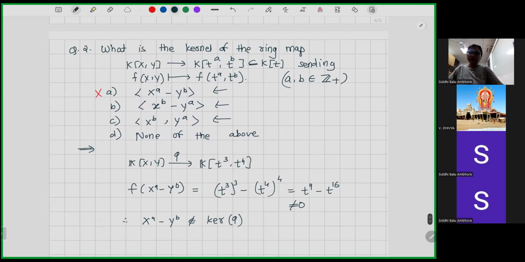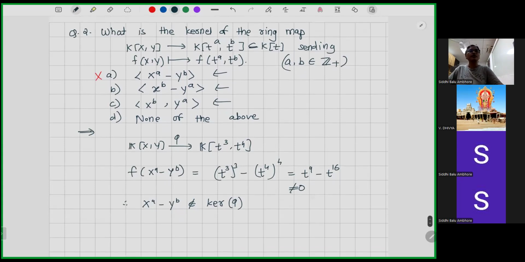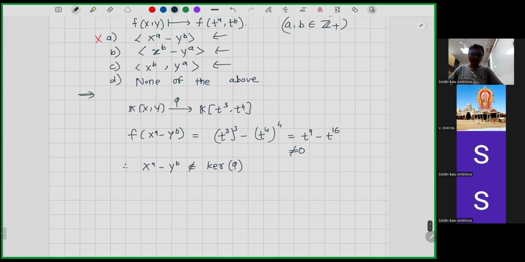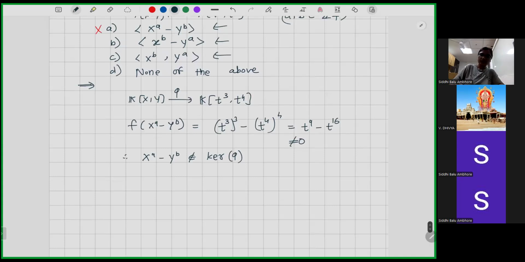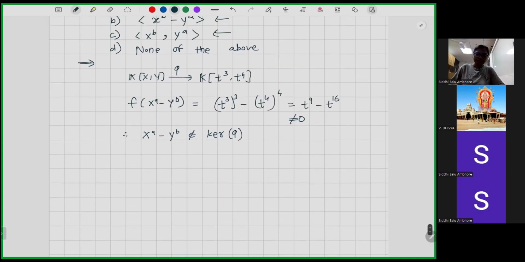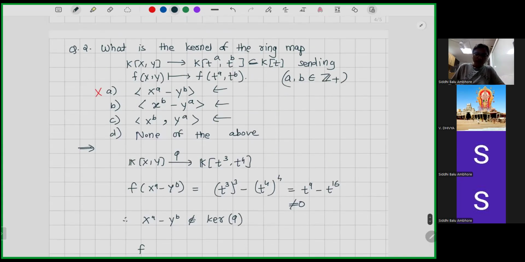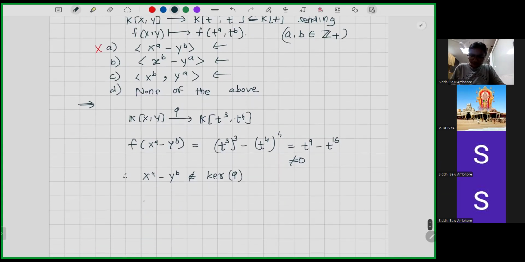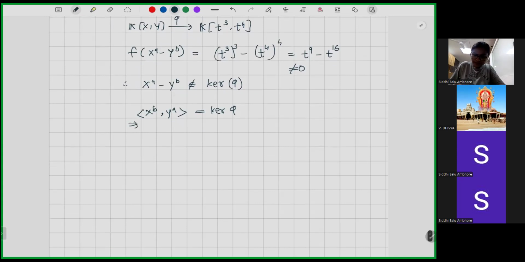And the second one they are saying is x^b minus y^a. This one you are saying x^b comma y^a. Let us check that also for the same. If x^b comma y^a is the kernel of phi, then this implies x^b belongs to the kernel of phi and y^a belongs to the kernel of phi.